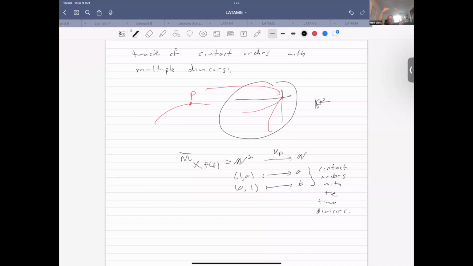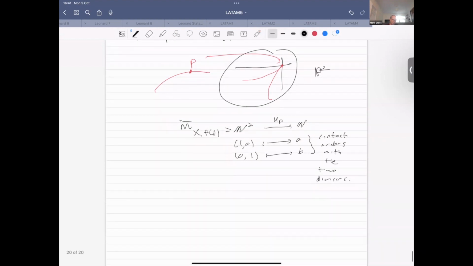So even in complicated situations where we have many, many divisors, this combinatorics of the contact order, the map from this monoid to N, really is just recording the order of vanishing, or contact order, with all the different divisors going through the point f of p. So that's the first point, that contact order records this richer information.